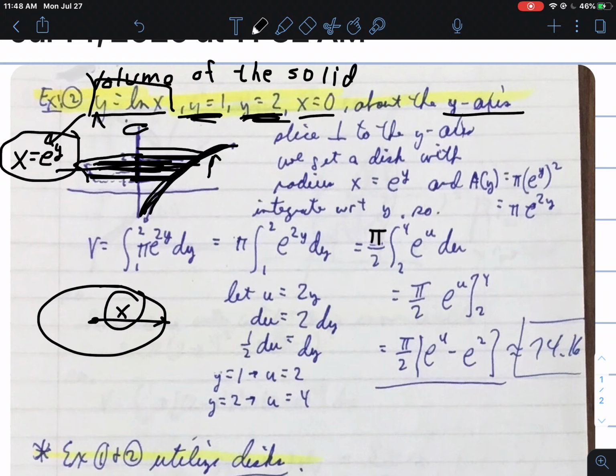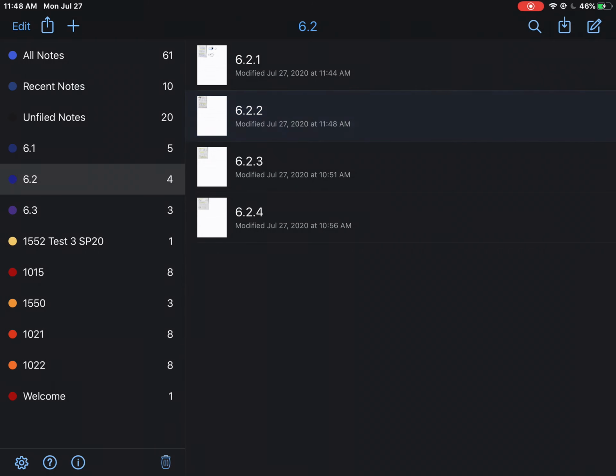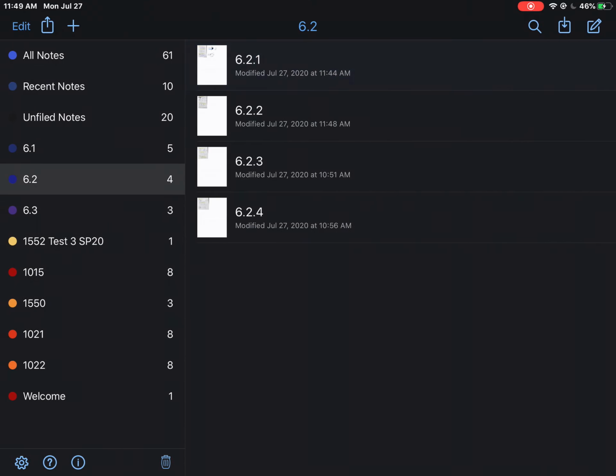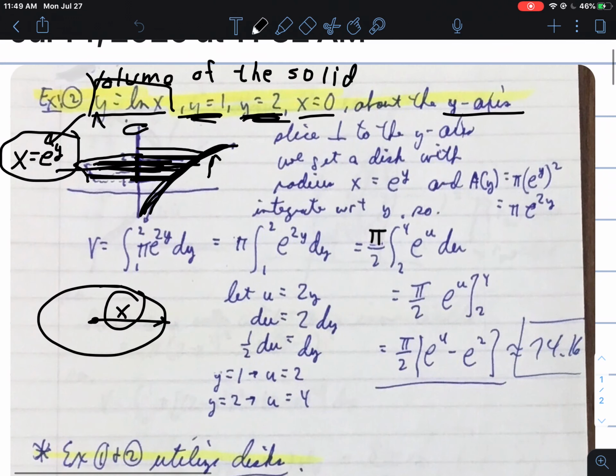With the previous one, when we were integrating from left to right, we had our radius in terms of x, because we were integrating this way with respect to x. So if you're integrating horizontally, you need your radius in terms of x. If you're integrating vertically, you need your radius in terms of y. And that's about as straightforward as I can put that.